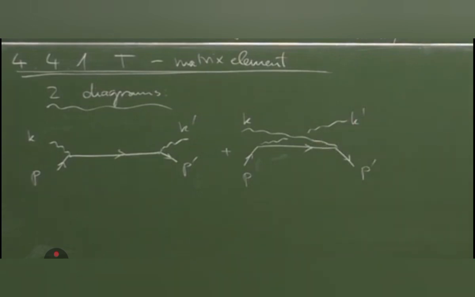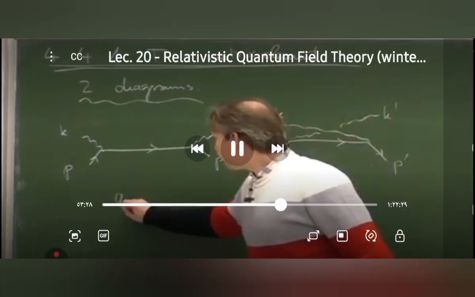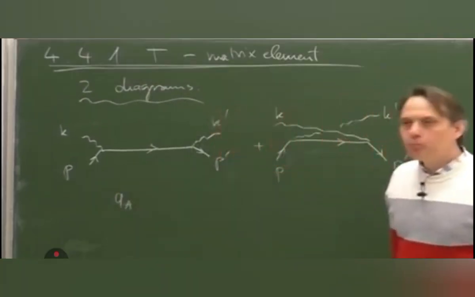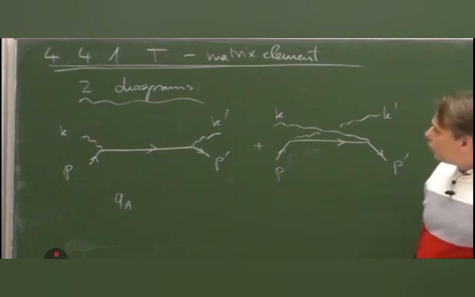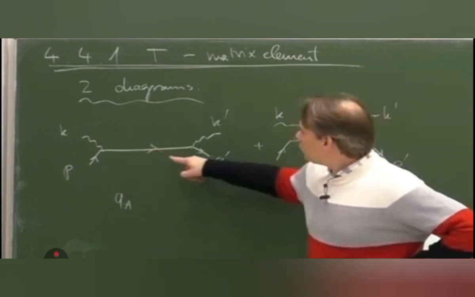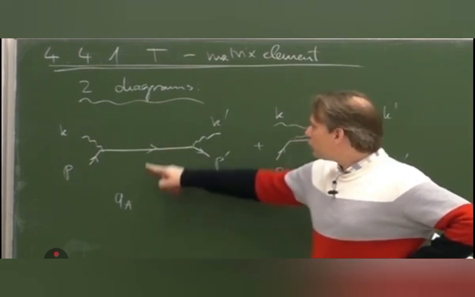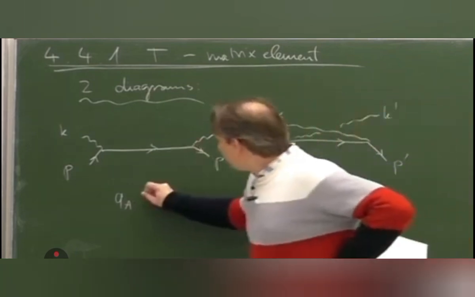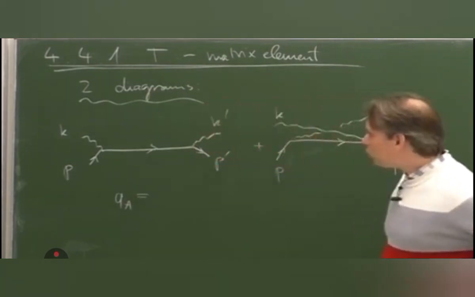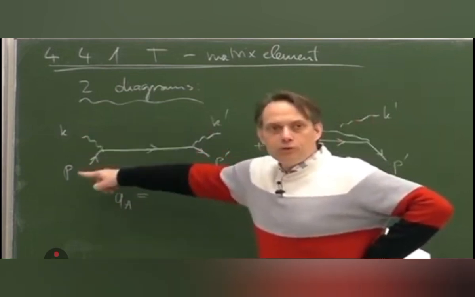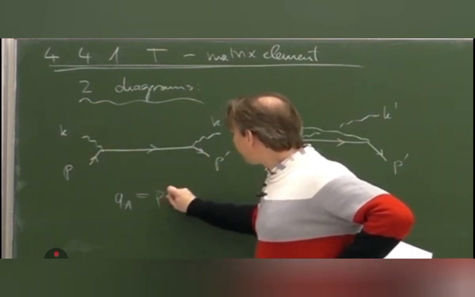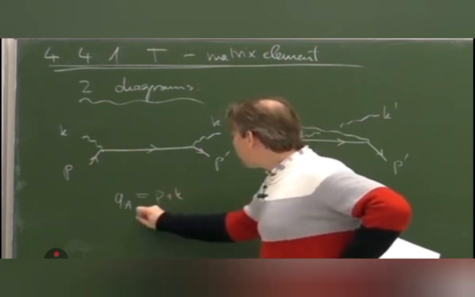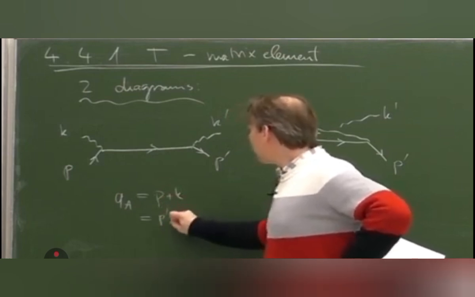Then we have a propagator, an internal line, and the momentum on the internal line is given by momentum conservation. And so here let us call the internal momentum q_A, so that is diagram A, and the other one is diagram B. And here the internal momentum is the sum of the two here, p plus k. But of course it's also the same as p prime plus k prime.